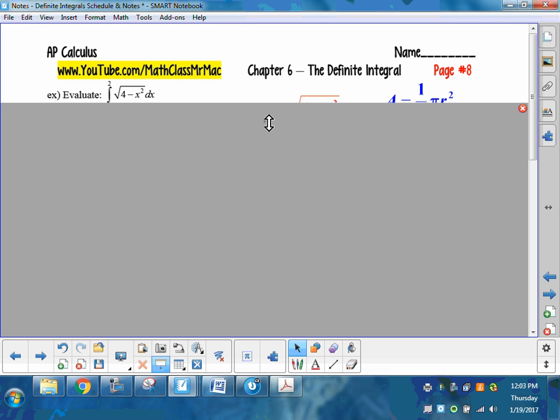What's another point I can get the output on easily for this? +2. What's the output when you plug in a +2? 0. Who can give me one more point that's going to be really easy? Abby? 0. What do you get as an output when you plug in a 0? 2. So you've got 3 points: -2, 0; 2, 0; and 0, 2. Connect them with an arc.